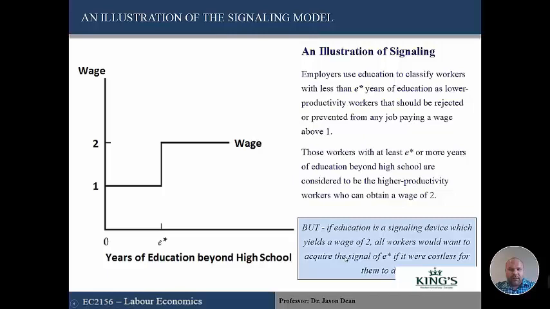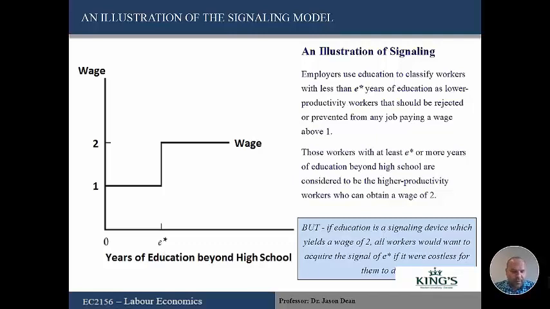So if education is a signaling device which yields a wage of 2, all workers would want to acquire the signal of E star if it were costless for them to do so, right? And remember, we're not only talking about monetary cost, we're talking about psychic cost.